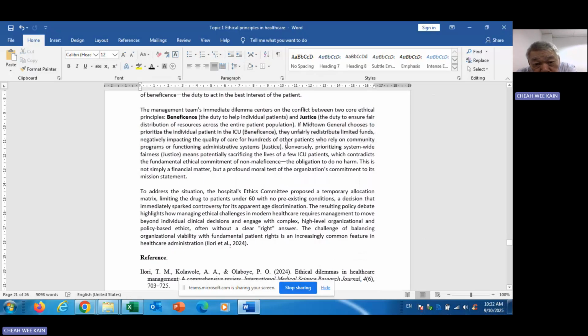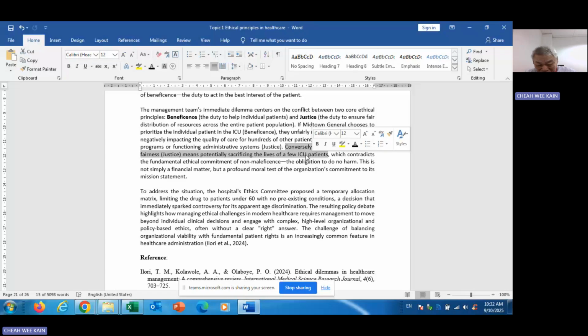But if they don't take the new medicine, they sacrifice the lives of the ICU patients. This is actually a very difficult situation, right? Very expensive, can save a few lives, but jeopardizes other patients or other departments' budget. If you don't do it, those few people will die, but the other many people will be happy.